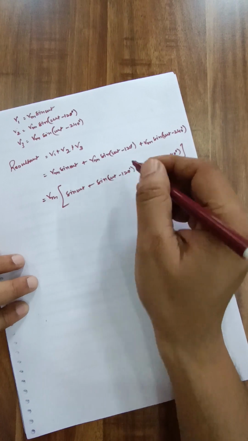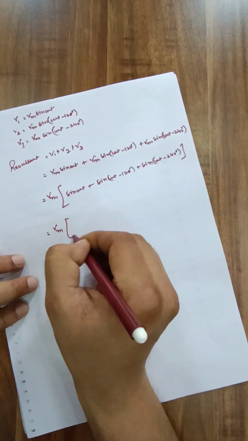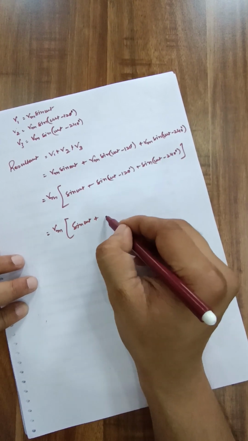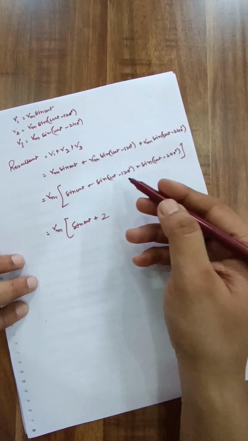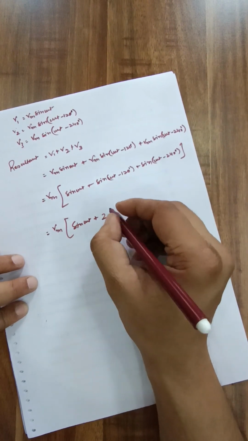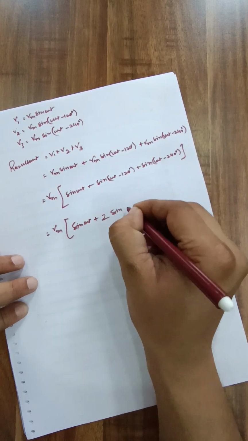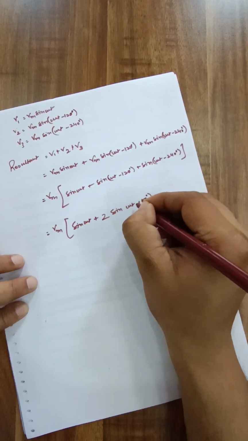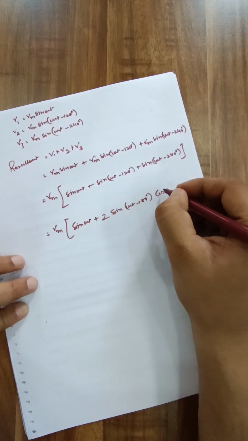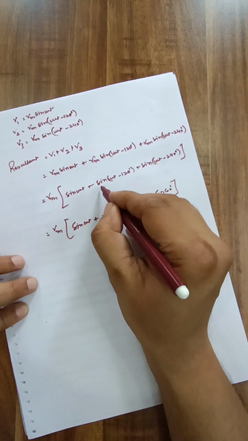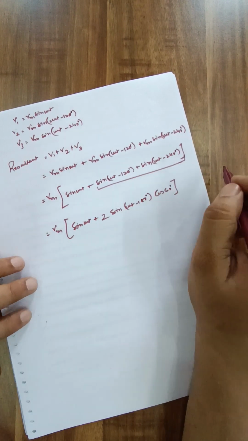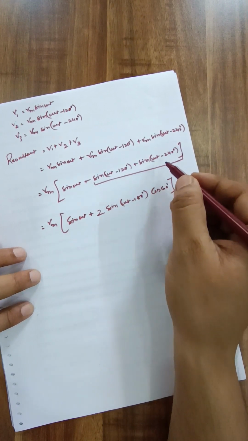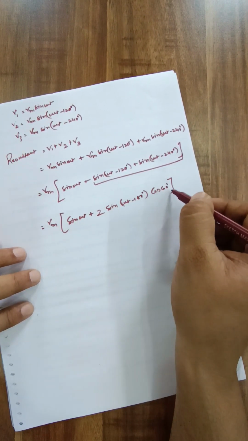So at the place of these two terms, what we can write, Vm sin omega t plus 2 sin omega t minus 180 degree cos 60 degree, using the formula sin c plus sin d equals 2 sin of c plus d by 2 cos of c minus d by 2.